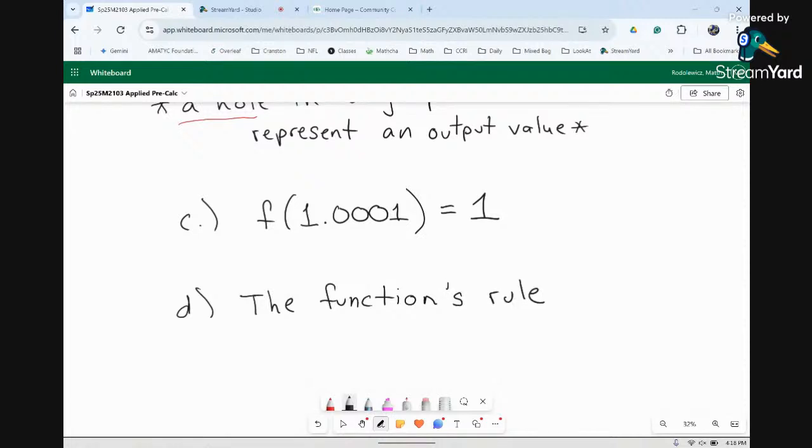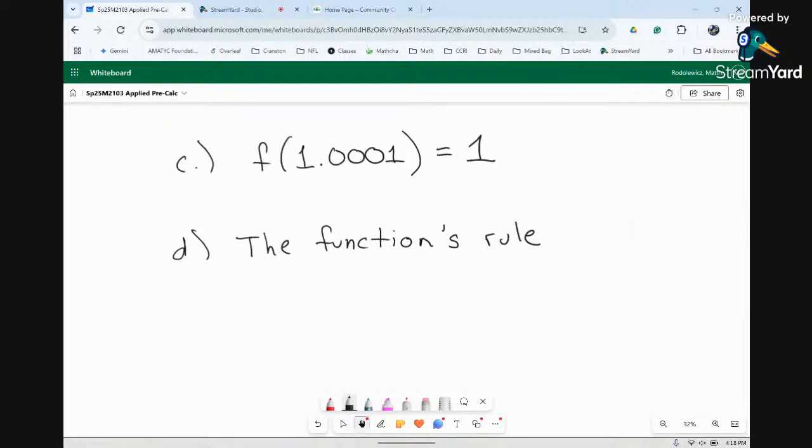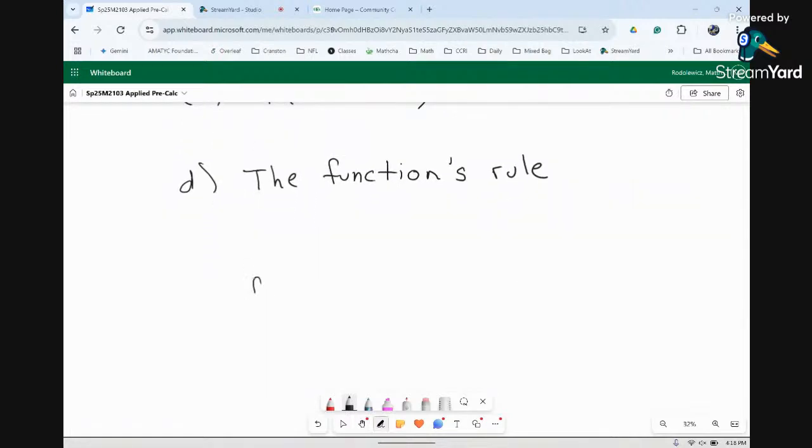We're going to write the function's rule. We use this half of a big curly bracket just to say, hey, we're grouping some rules.